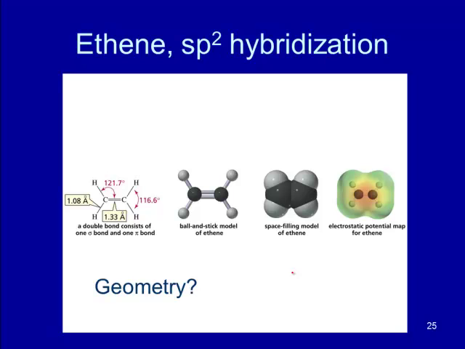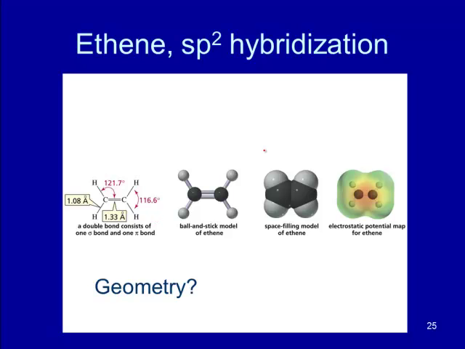So this is also the visualization of sp2 hybridization in ethylene, and the carbon-hydrogen bond length is 1.08 angstrom, and the double bond has 1.33 angstrom, and you have all those angles.